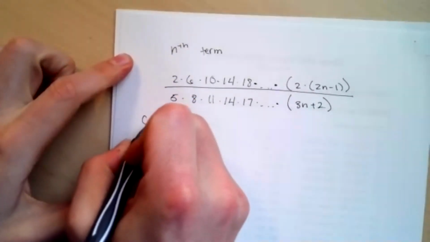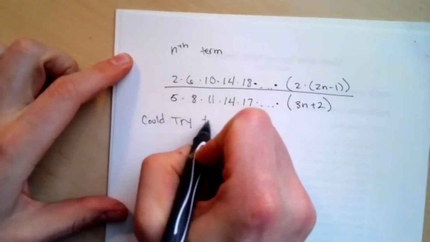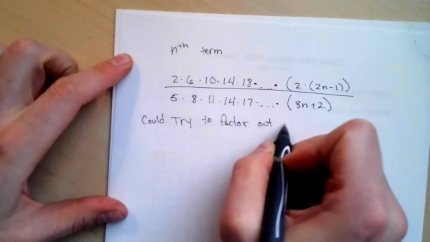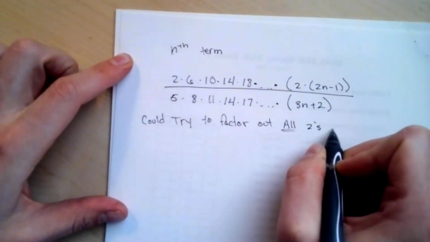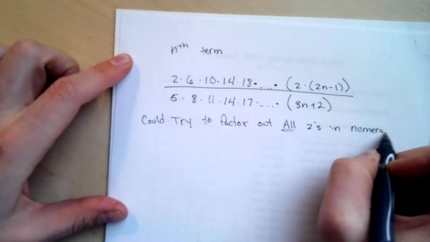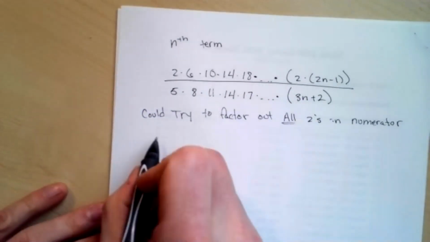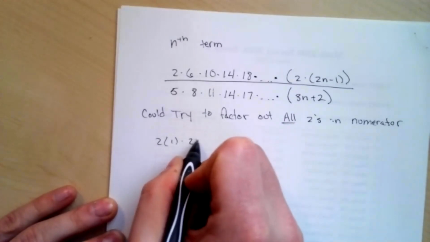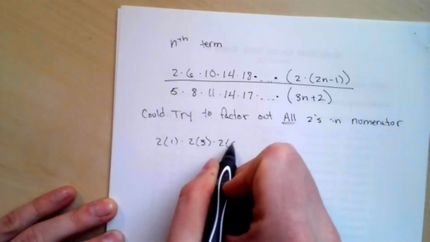We could try to factor out all 2's in the numerator. How would that look? Then I would have a 2 times 1 times 2 times 3 times 2 times 5.